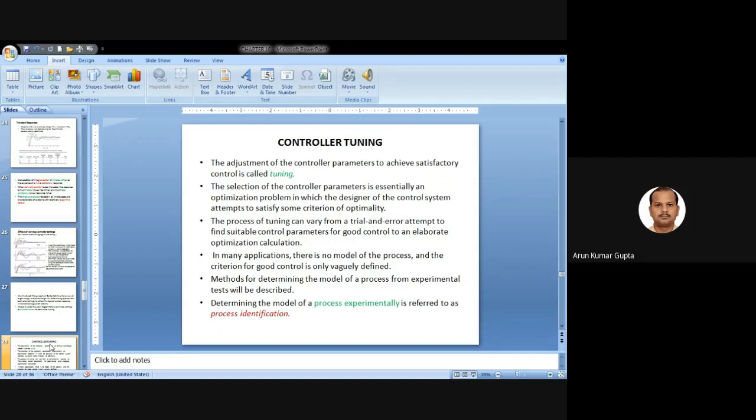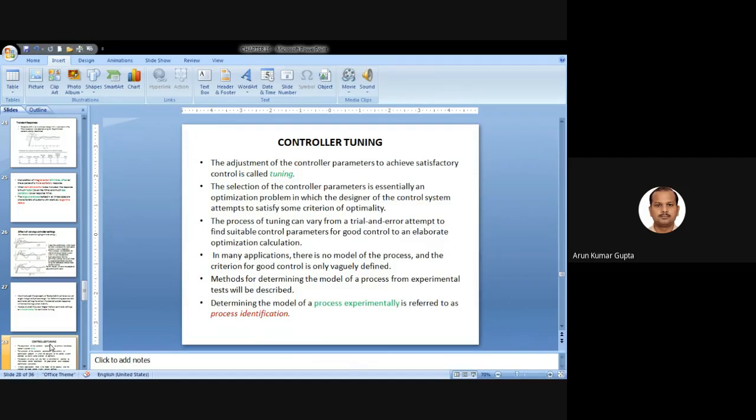Once you know the initial guess, we then have to tune the parameters. What is the meaning of tuning? Tuning is related to optimization. We may get more than one solution, but which one is the optimum solution? Optimum means this is tuning. So here also we do a similar kind of analysis.